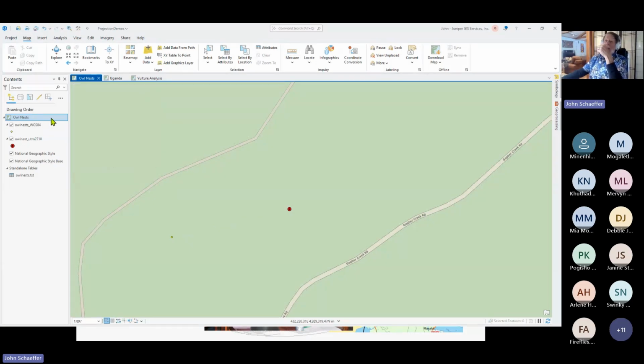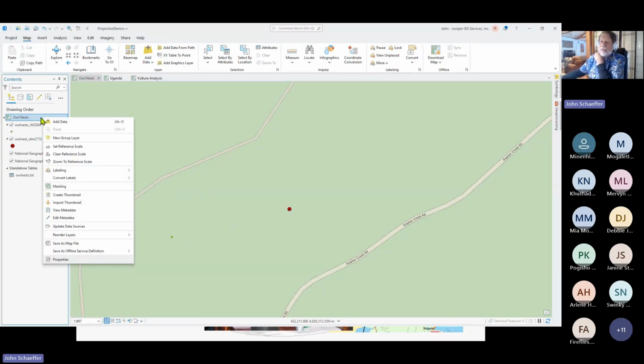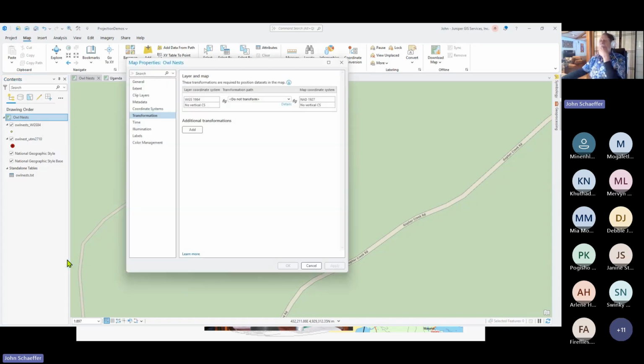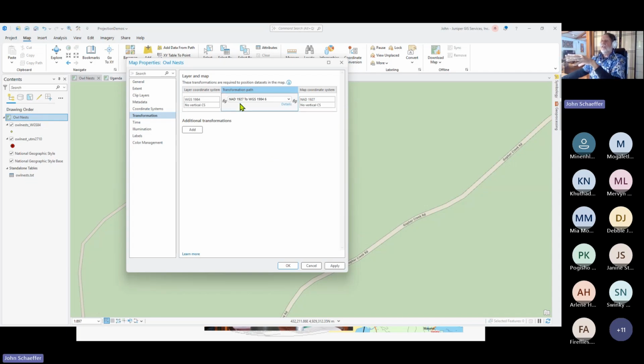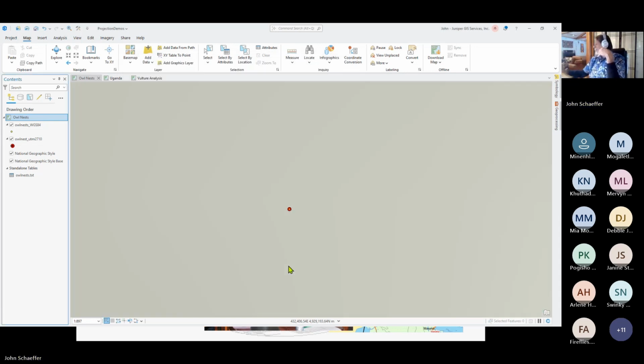Okay. So let's go back and fix the coordinate system, the transformation, excuse me. Going through that geographic transformation PDF file that I showed you, I know that for this one, NAD 27 to WGS 84, option 6 is best for this area. I'll click OK.